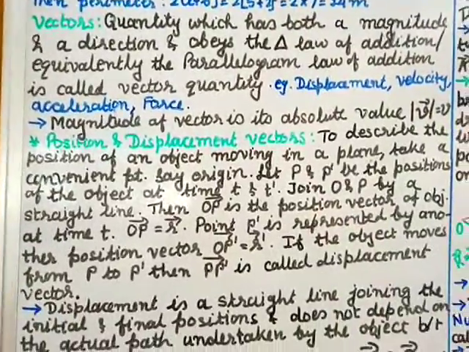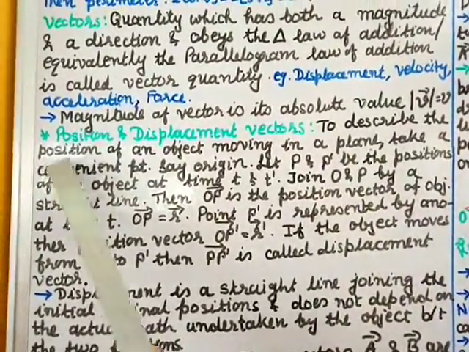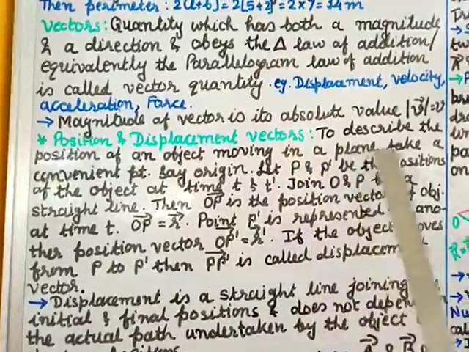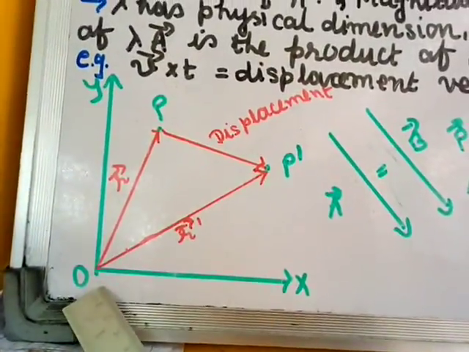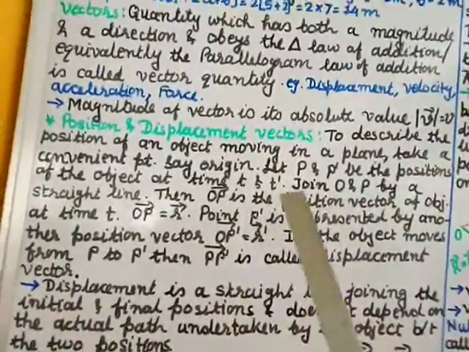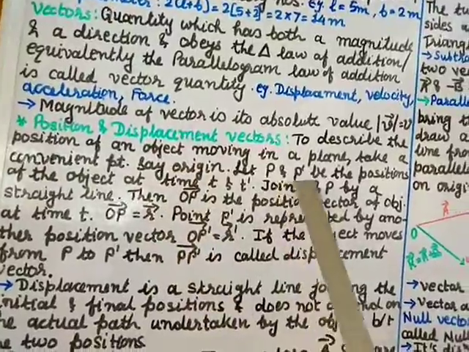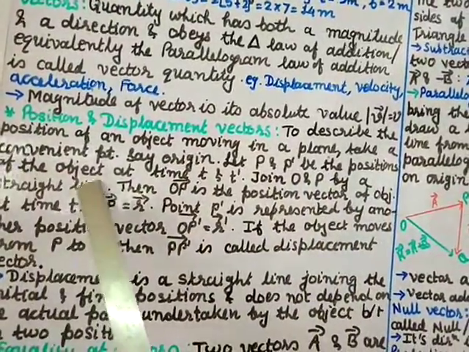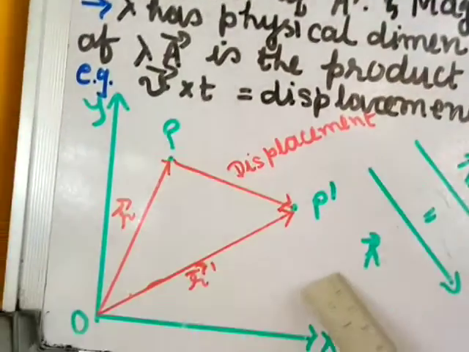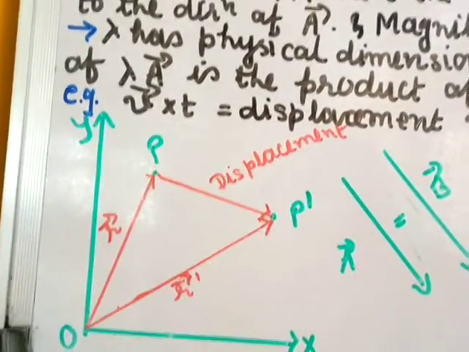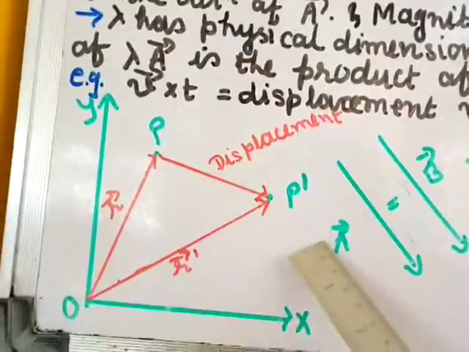Position and displacement vector. To describe the position of an object moving in a plane, take a convenient point, say origin. So here I am taking a convenient point, origin. P and P dash be the position of the object at time t and t dash.